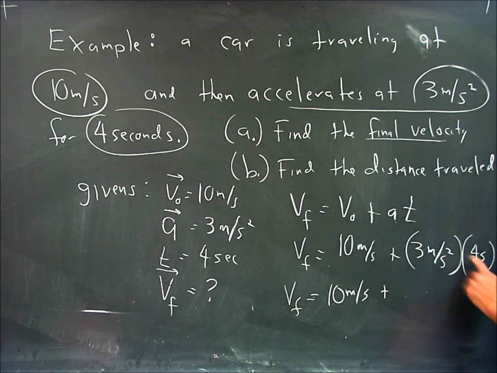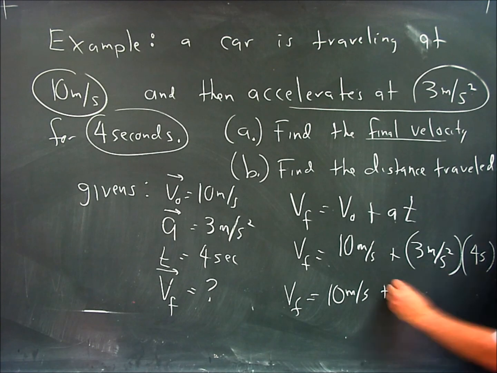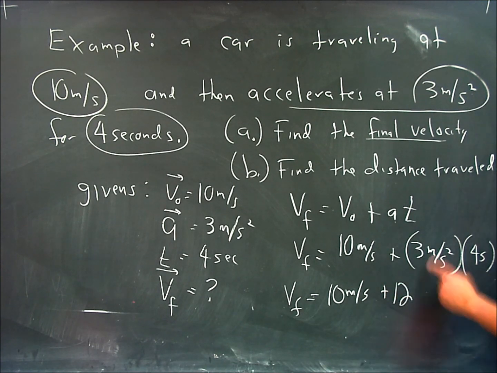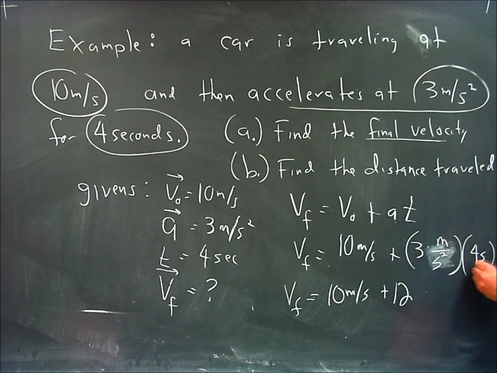3 times 4, as far as the numbers go, is 12. As far as units go, this is written this way. It's meters over second squared, and this is written as seconds basically over 1. So second squared times, in the denominator, a second, one of these units will cancel out. So this will just be left with meters over seconds.